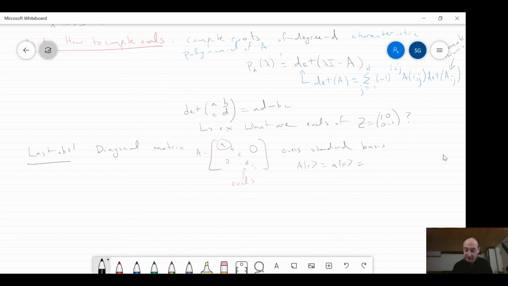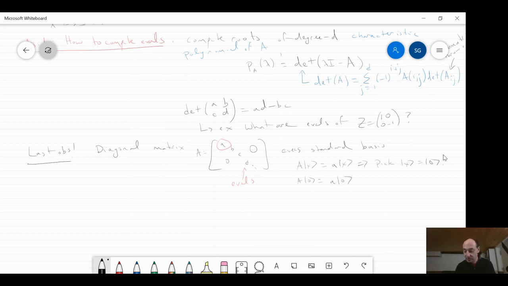The trick is that if you want to extract out, say, the first column of a matrix, you multiply by the first standard basis vector. So pick psi equal to 0. What you'll find is that A of 0 is equal to little a of 0.